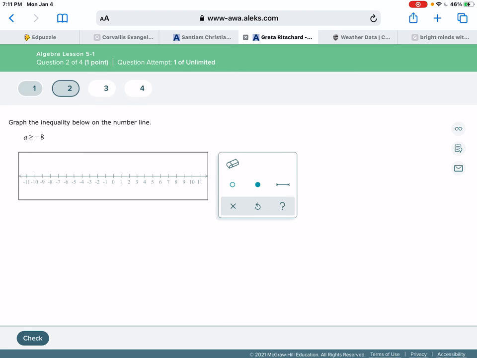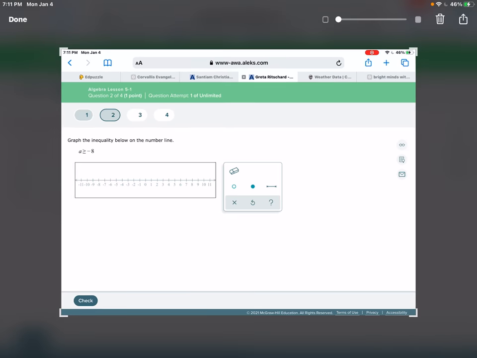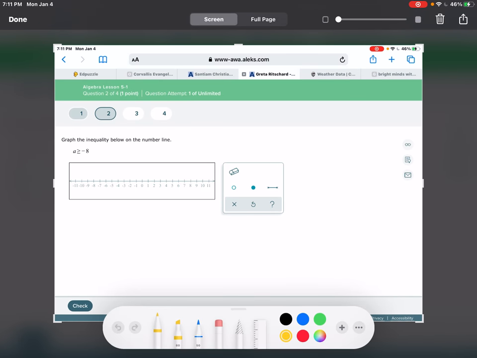Number 2 says graph the inequality below on the number line. So we have A is greater than or equal to -8. -8 is down here. We have an or equal to, so we're going to do a closed circle. That would be that guy right there.